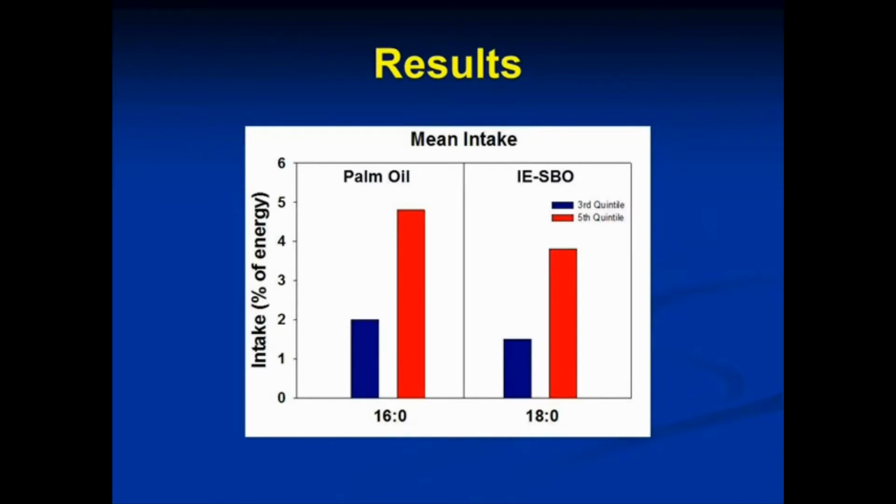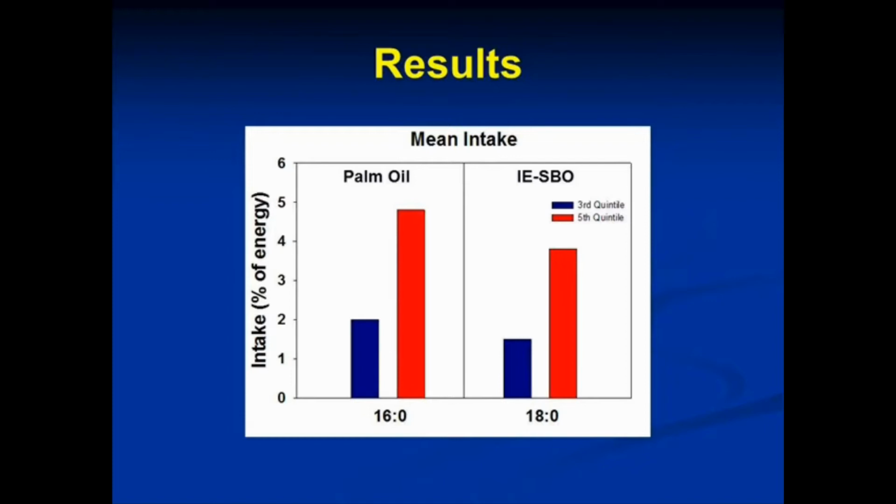This is intake, percent of total energy, for if it were all palm-based replacement or all interesterified fully hydrogenated soybean oil replacement for either palmitic acid intake or stearic acid intake. The blue bar is the mean of the third quintile, and the red bar is the mean of the fifth quintile. So this would be the extreme.